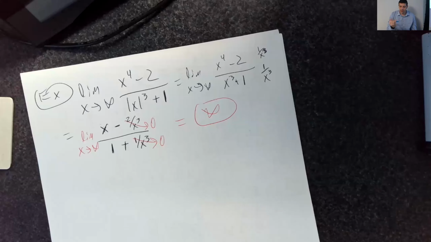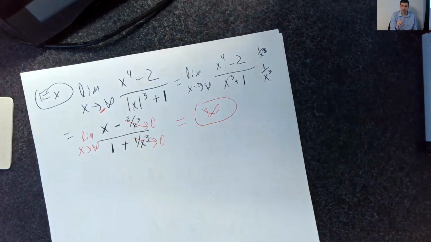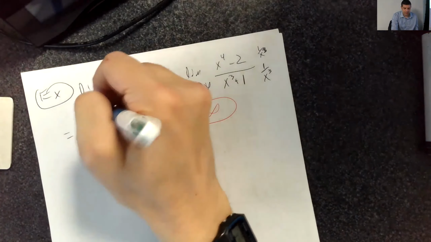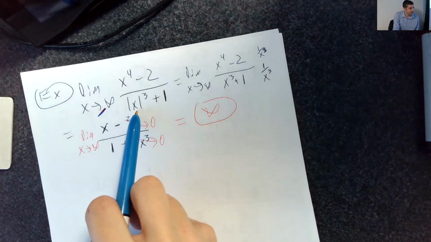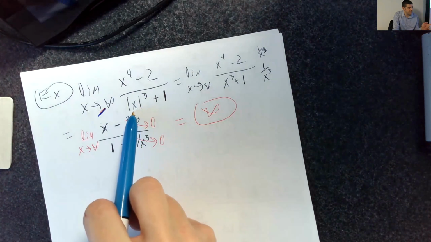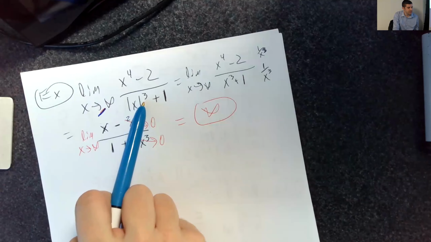Okay. What would happen if I made it negative infinity? Then I would have the absolute value of negative numbers, right? To turn a negative into a positive, I have to multiply by negatives. And what happens when I cube a negative? Negative.